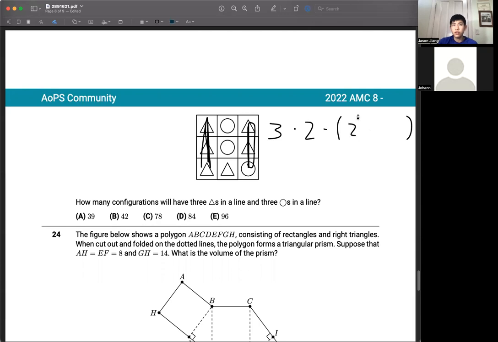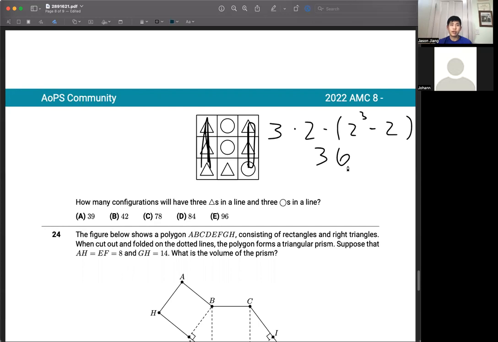So we have 2 cubed, but we don't want it to be 3 circles or 3 triangles because that would result in double counting. We need this to be a unique case. So this would give us 36.